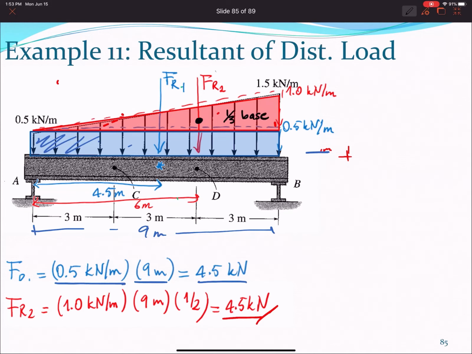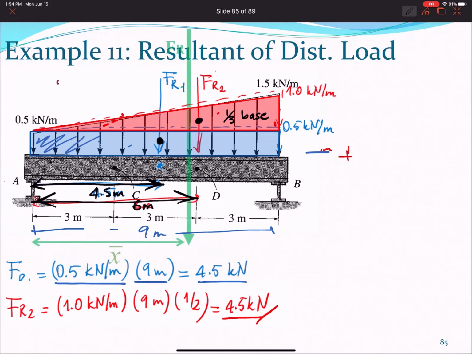The base is 9 meters, so this distance is going to be 6 meters. And what about the centroid of the rectangle here? That one is going to be at half of 9, which is 4.5 meters. So I have the location of the two. Now, the resultant force, that green force, is going to be the sum of the rectangle and the triangle. And the interesting thing is that we have to find this distance.